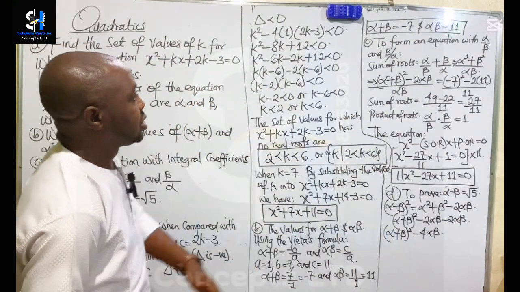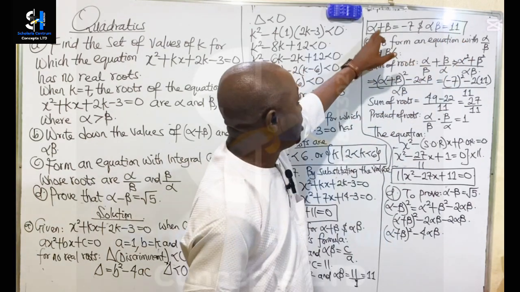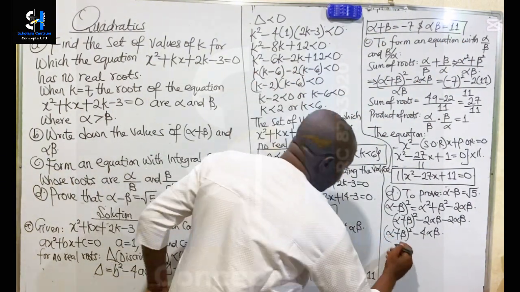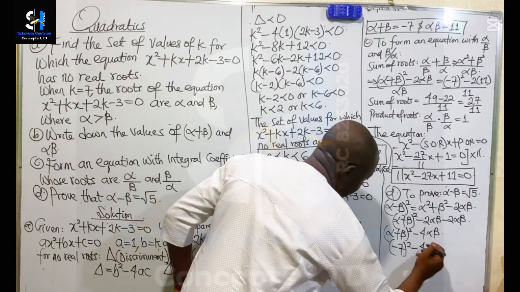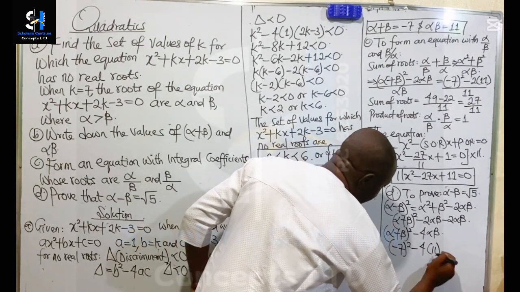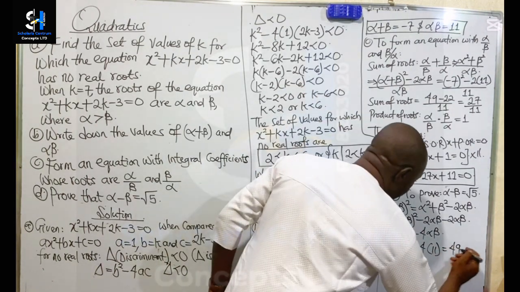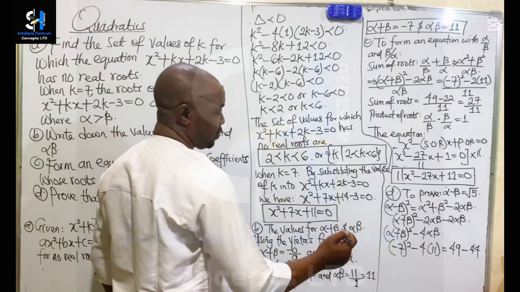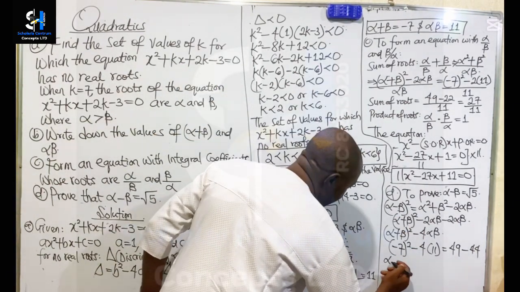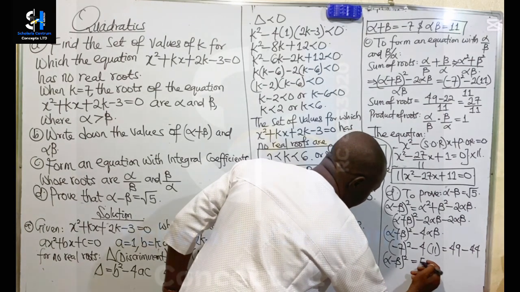Now let's not forget that the product of roots is 11, and the sum of roots is minus 7. So we can say minus 7 squared, then minus 4 times 11. This will be 49 minus 44, so 49 minus 44 is 5. So we have that alpha minus beta squared equals 5.